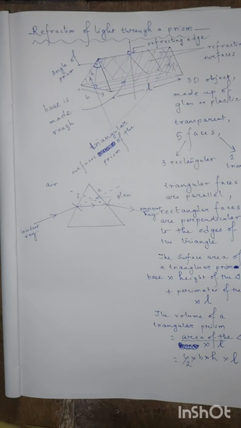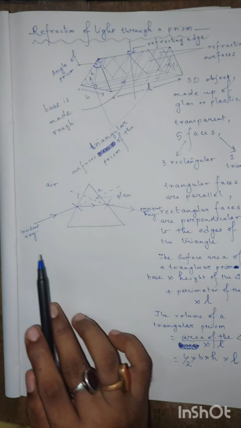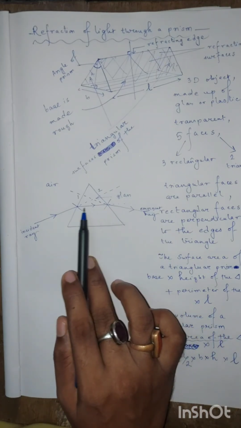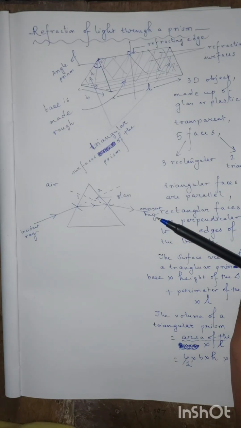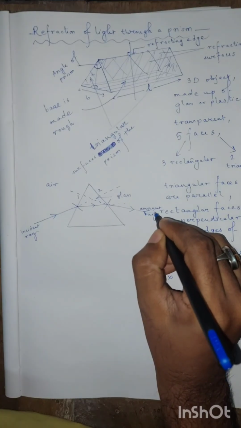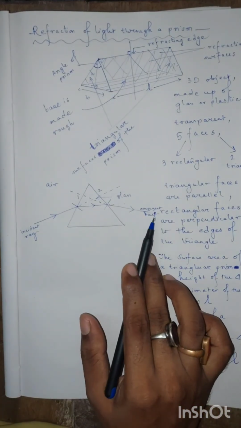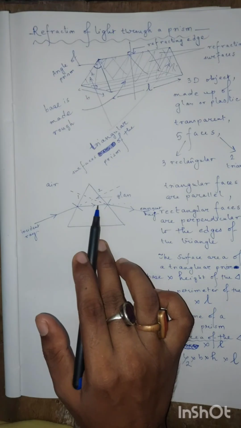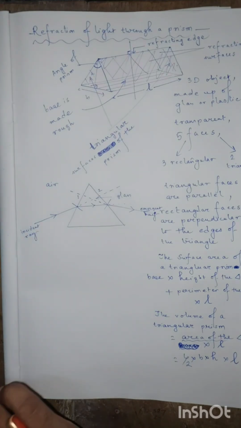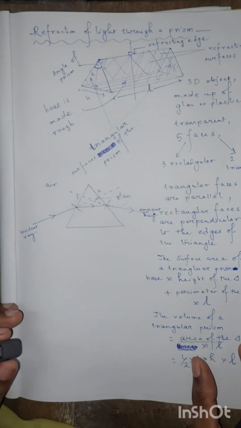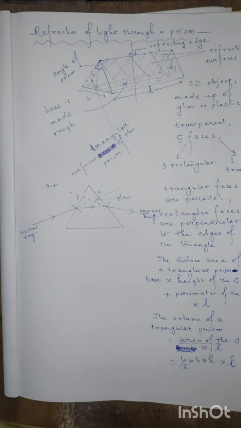Now if we think that we are going to send the light ray from the opposite direction, according to the principle of reversibility of path of light, if we send a light ray from this point, it will trace the same path as before. Now we have a clear understanding of it.